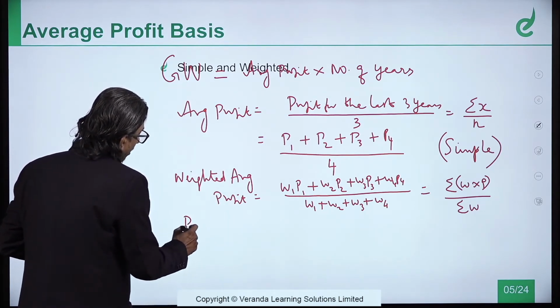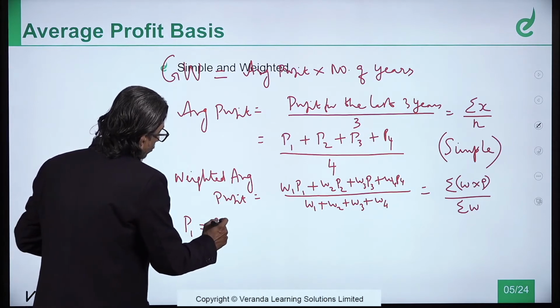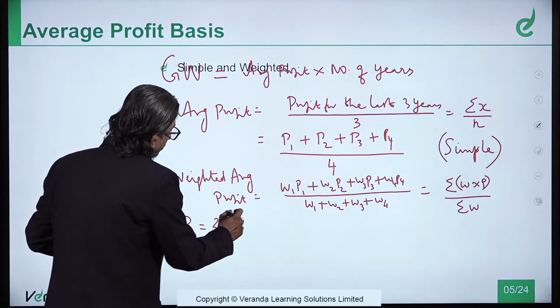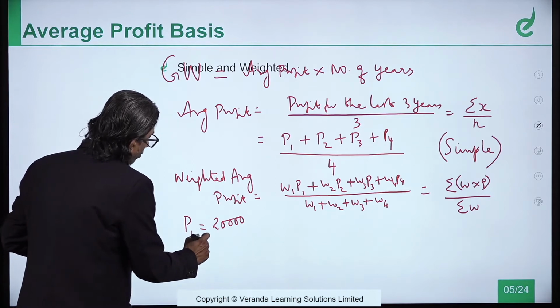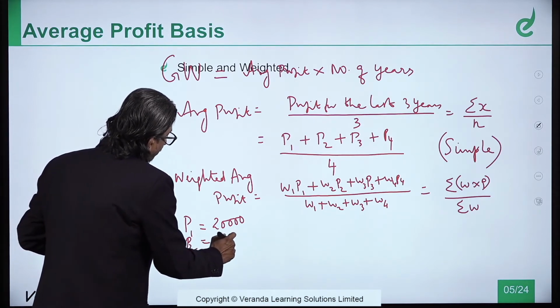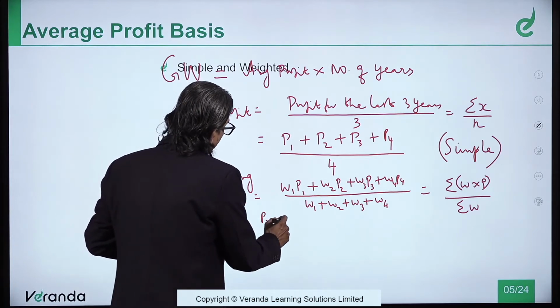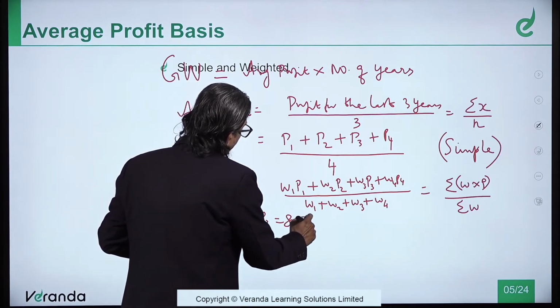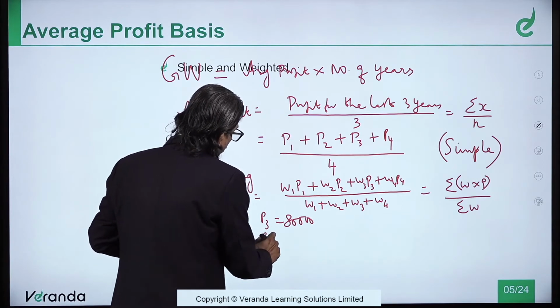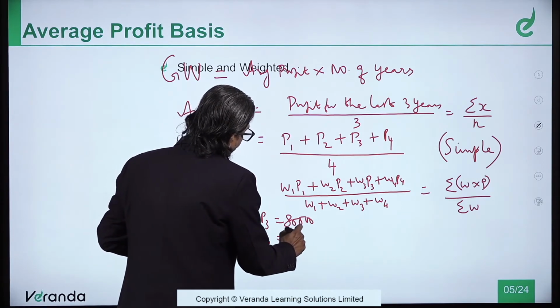Suppose for example P1 20,000, P2 40,000, P3 80,000 and P4 2 lakhs.